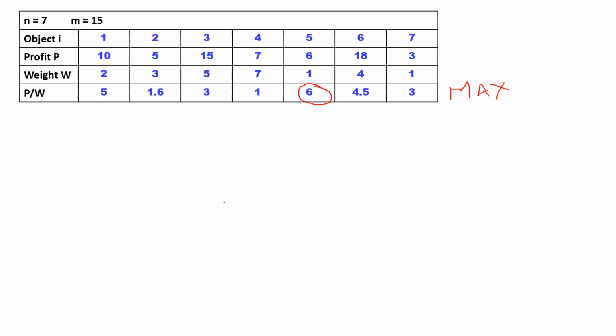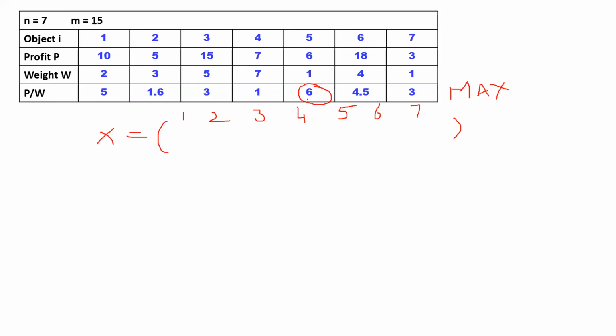Now I am going to fill up this solution vector X, which will be from 1 to 7. Each object I'll try to put into the bag, partially fill, or not fill. I have objects 1, 2, 3, 4, 5, 6, and 7. 7 objects are there.